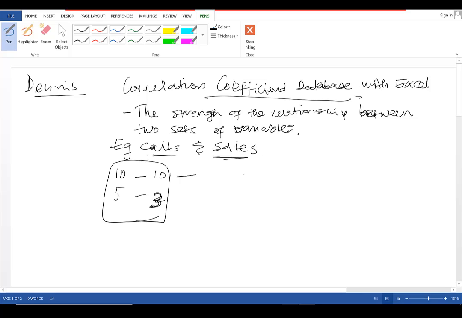Correlation is graded from -1 to +1, and over here we have 0. If we do the correlation coefficient for this and we get, for instance, -1, that is a strong negative correlation.